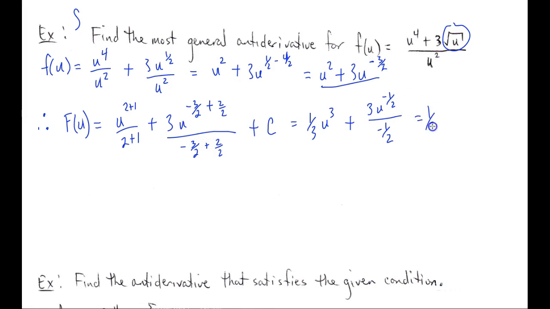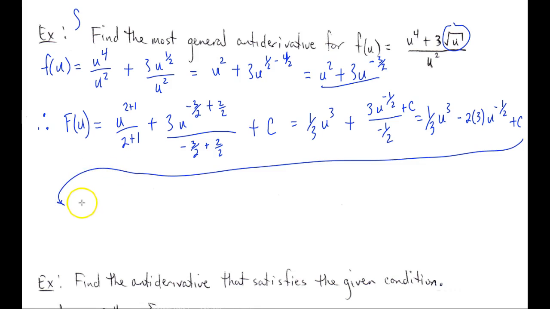So we have 1/3 u cubed, and of course when we have negative 1/2 in the denominator, this is like saying 1 over negative 1/2, which is the reciprocal of negative 1/2, which would be a negative 2. So we have negative 2 times 3u raised to the 1/2 plus c there. And I forgot to put my plus c here, so let me go ahead and stick it in.